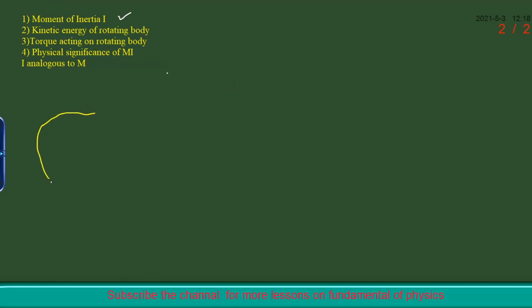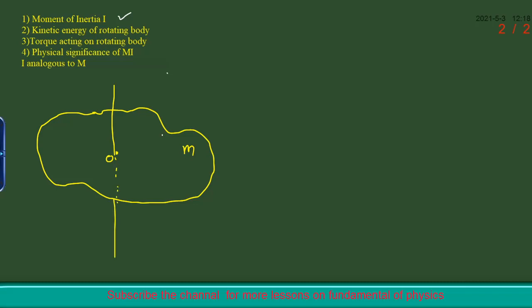Consider a body of mass m rotating about the axis passing through point O. Let the body be divided into n number of particles having masses m1, second mass m2, m3, m4, mn. The body is rotating about the axis with angular acceleration alpha.